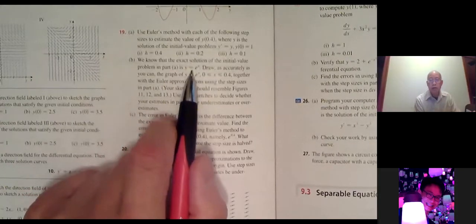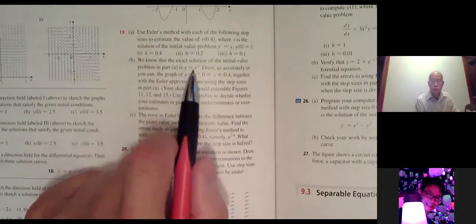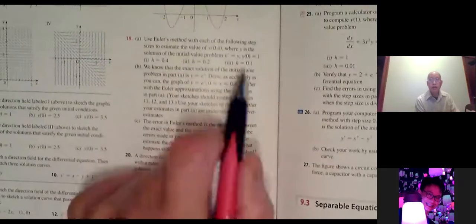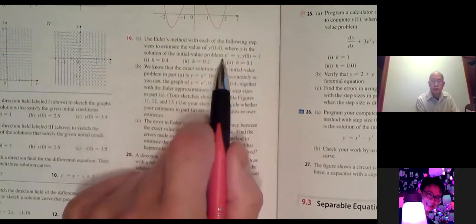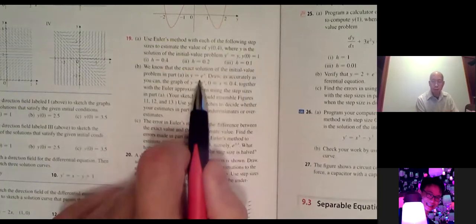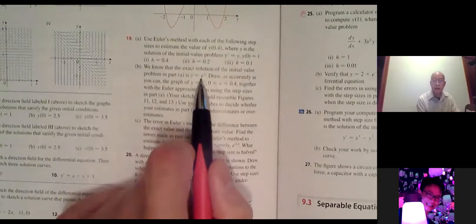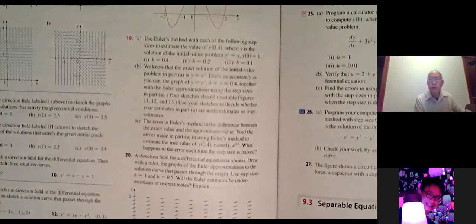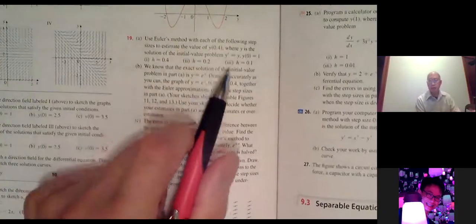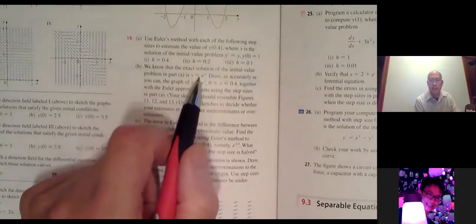So all along, y equals e to the x is the solution. Okay, let's check it. Is it true that y prime equals y? The derivative of e to the x is e to the x.